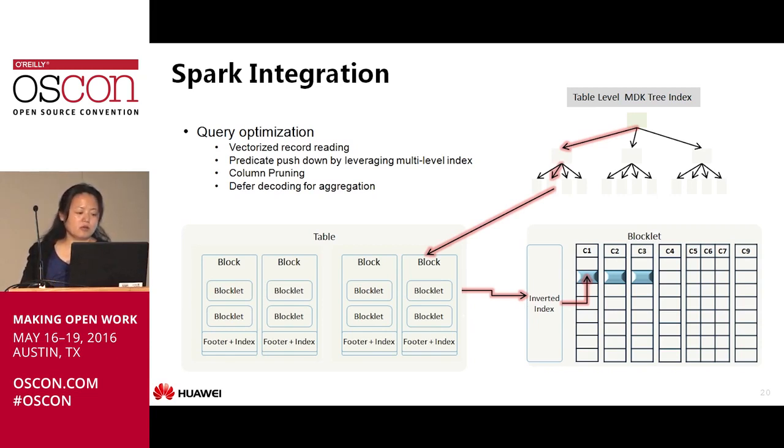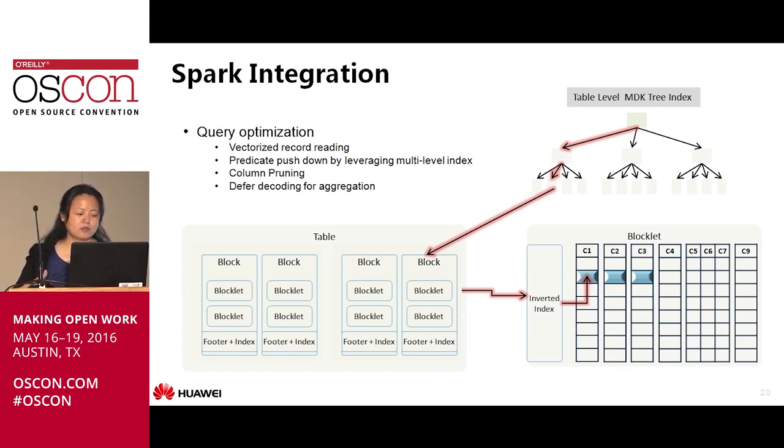Column pruning is achieved through columnar storage, because we are column storage, so we only touch the columns which are of interest to this query. We also mentioned global dictionary encoding. With global dictionary encoding, we can defer decoding to a later stage of aggregation. Instead of decoding right away after you read the file, you can operate aggregation on encoded data.